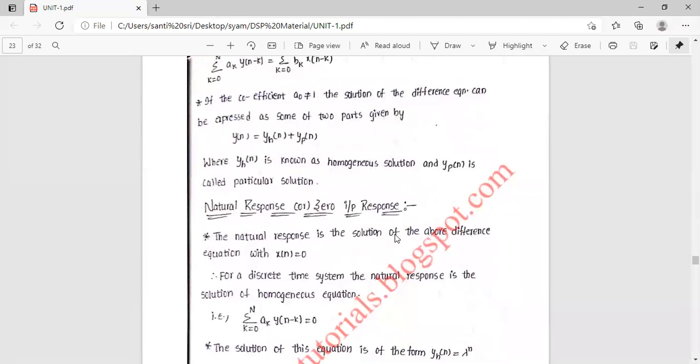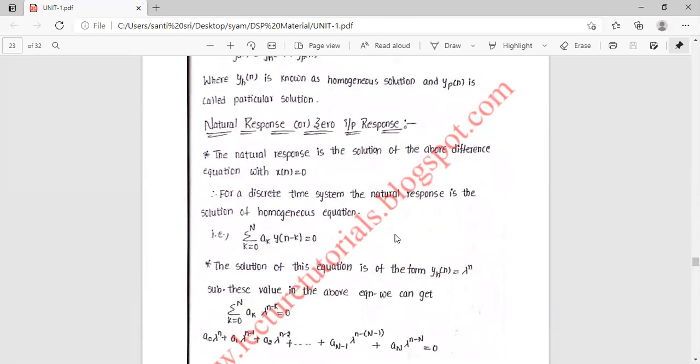For a discrete time system, the natural response is the solution of the homogeneous equation, that is sigma k equal to 0 to N a k into y of n minus k is equal to 0, because x of n becomes 0. The solution of this equation is of the form yh of n is equal to lambda power n.